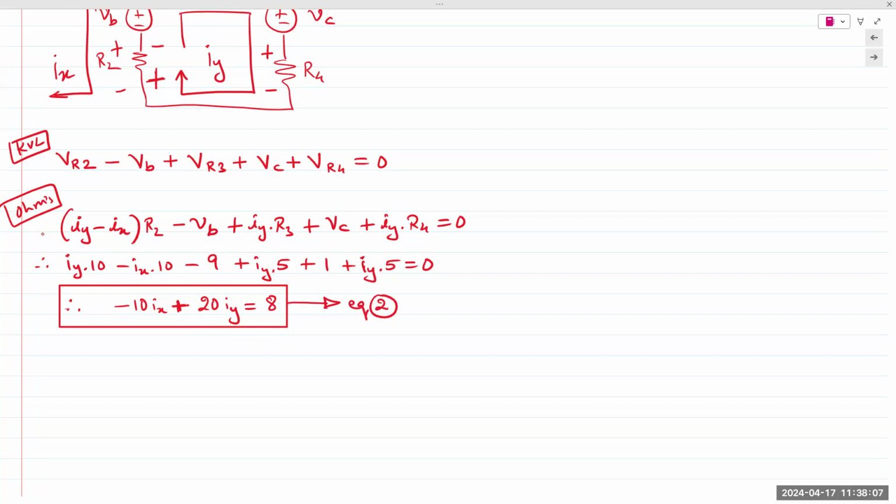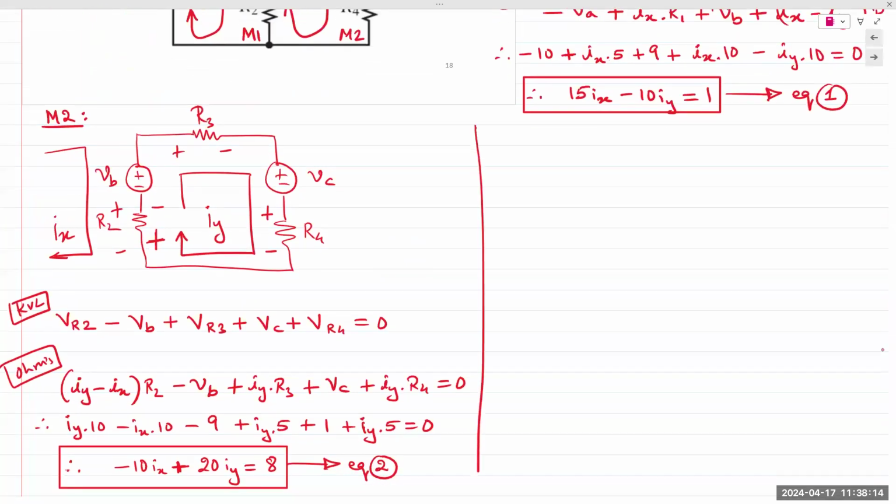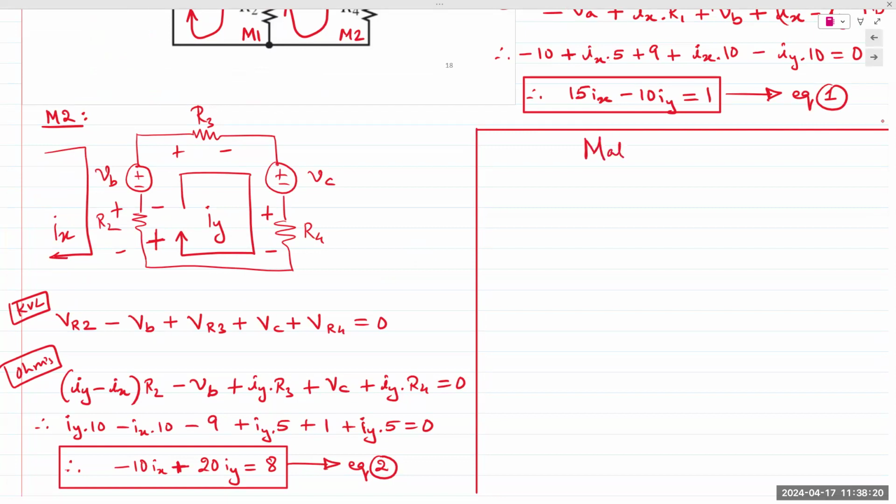You plug it into your calculator, into an online solver, solve it manually, or as I'm going to show here, do it using MATLAB. You define a variable. In your workspace, you're going to type up the constants. So A equals, in straight brackets, from equation 1, I have 15 and minus 10.